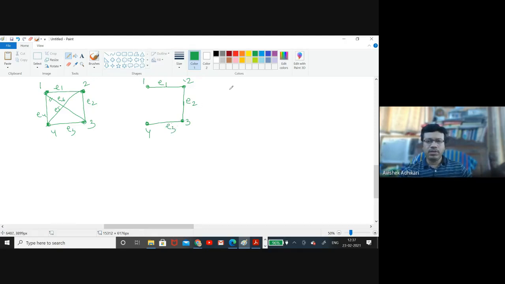You may think that okay, I can have another, E4, E3, E2. One may say that okay, I'm going for a better one. So like this, maybe E1, E6, and then E3. So it's again a tree.